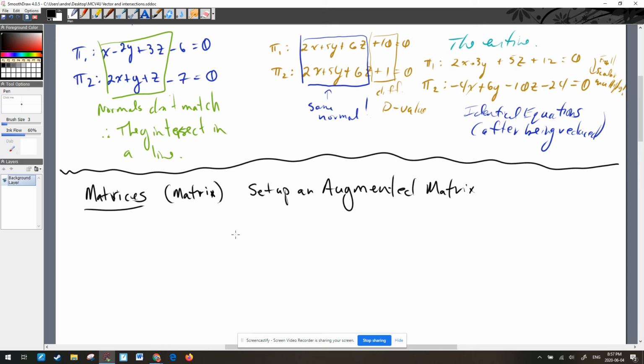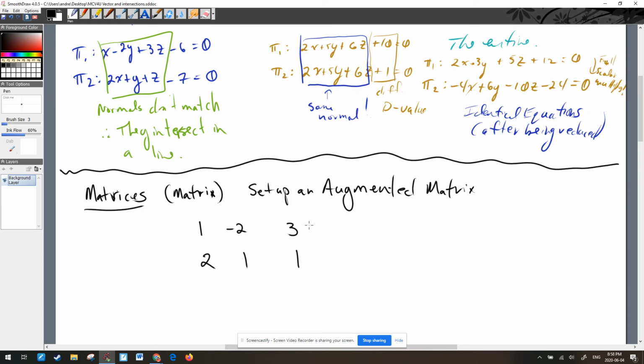It's not that bad. How we do it is we take the coefficients from the equations, and that's all we list, the coefficients, right? So I'm going to have 1, -2, 3, and 2, 1, 1.